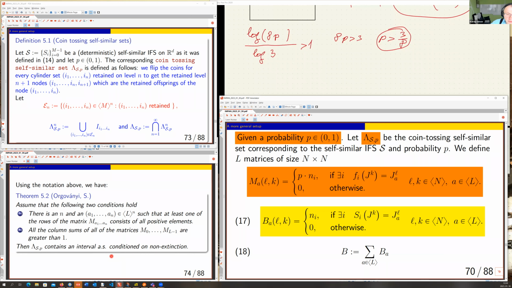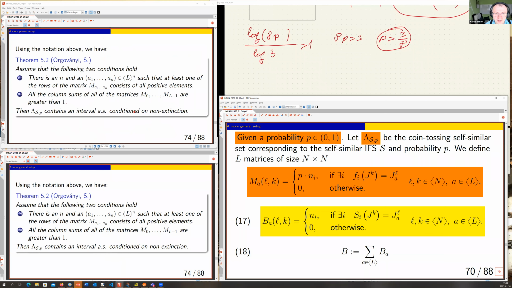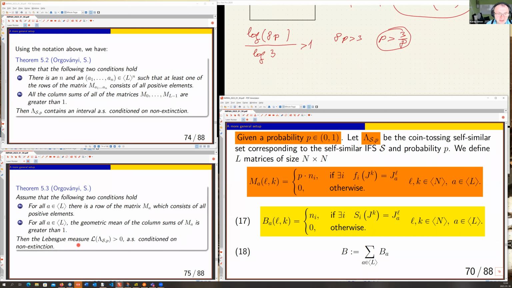These are checkable conditions, but the result is not very precise. I mean, this is not an if and only if type statement. And there is another one which is about the positive Lebesgue measure of the set.